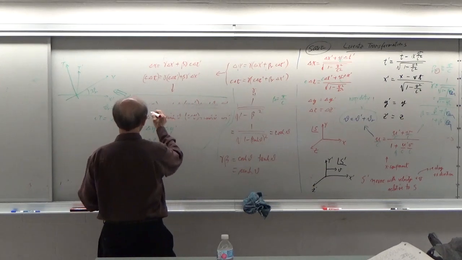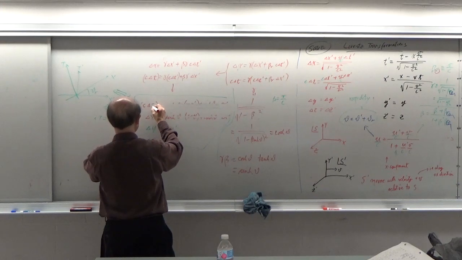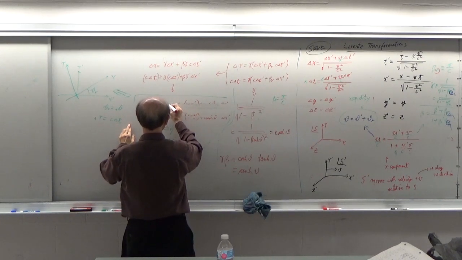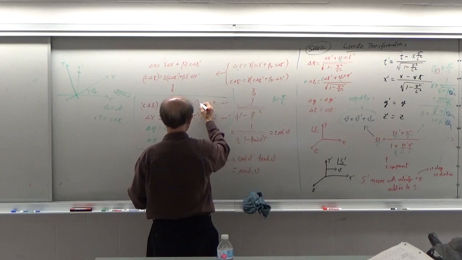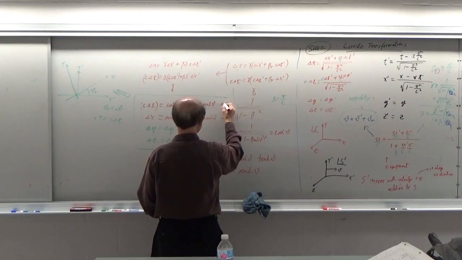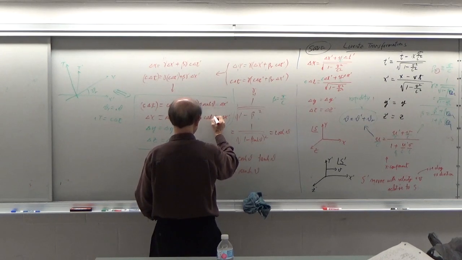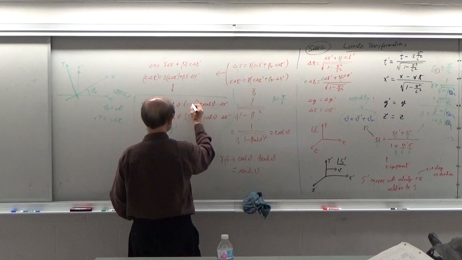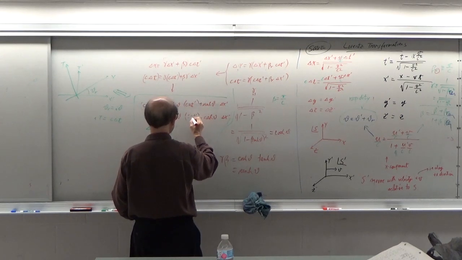Okay, so this is c delta t equal to cosh theta plus sinh theta of delta x prime, and delta x is cosh theta delta x prime plus sinh theta c delta t prime.